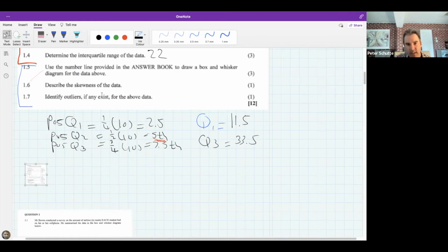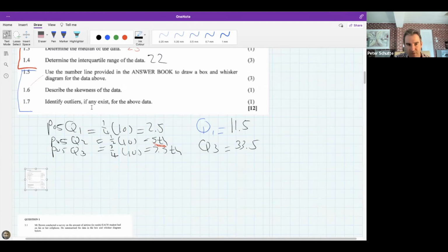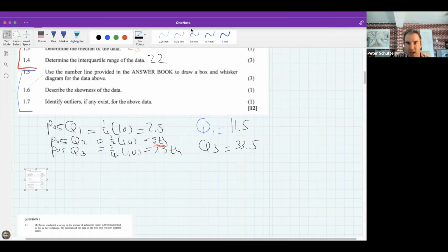When you are done with this 1.5 to 1.7, just say done in the chat so I know where you guys are. And then I will reveal the answer when I feel like enough students have had enough time.